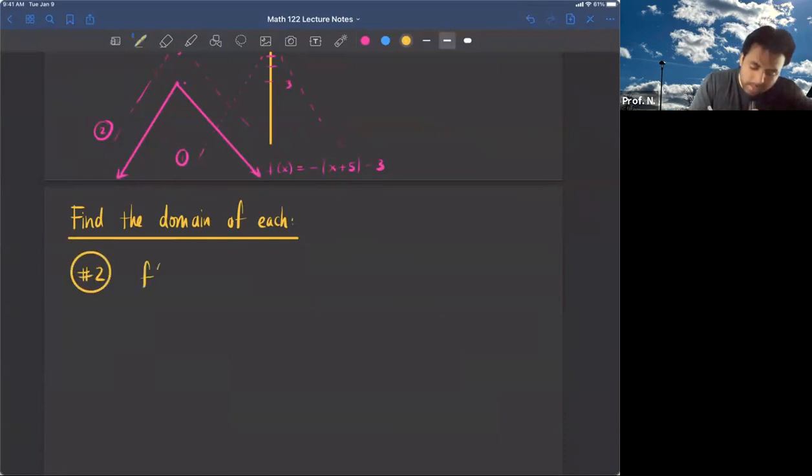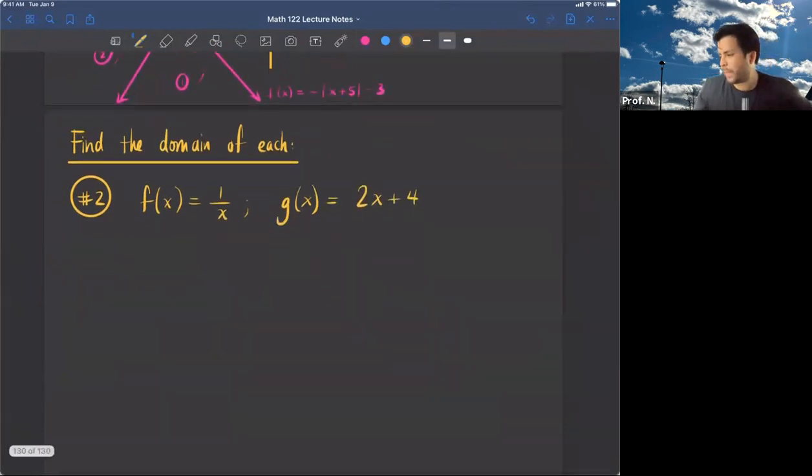So f of x is 1 over x, and g of x is equal to 2x plus 4. The idea is I want to apply all the operations in part A and find a domain of each.